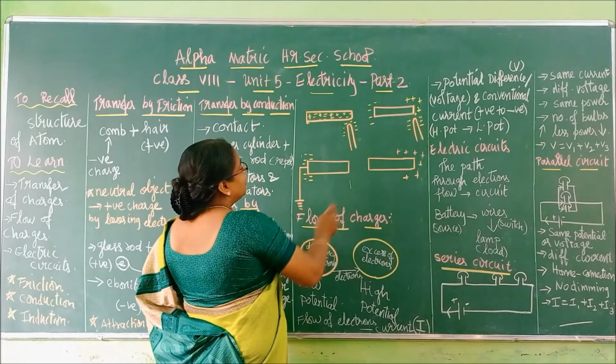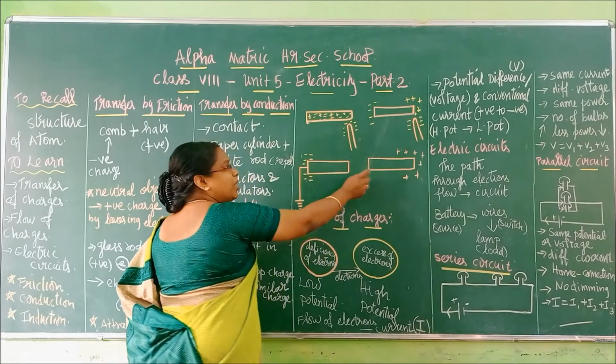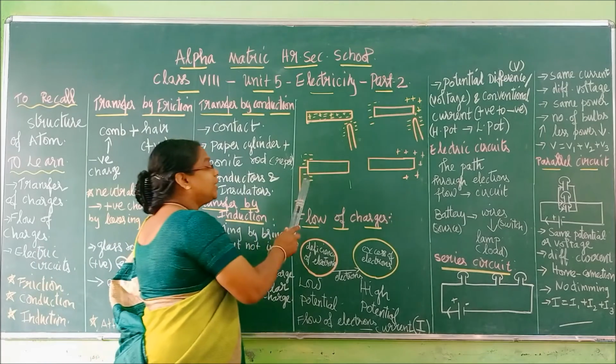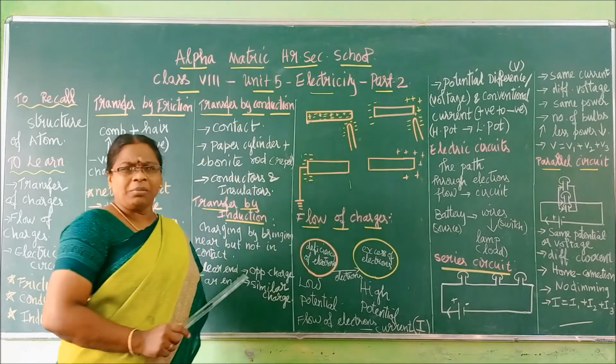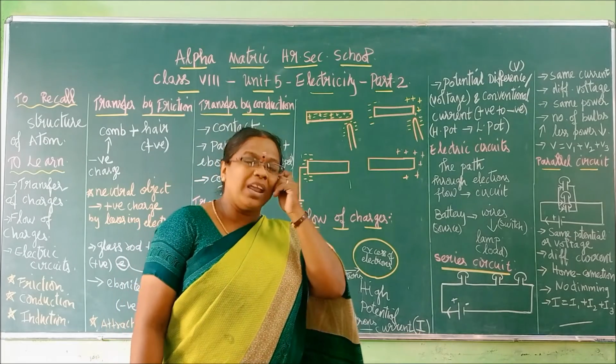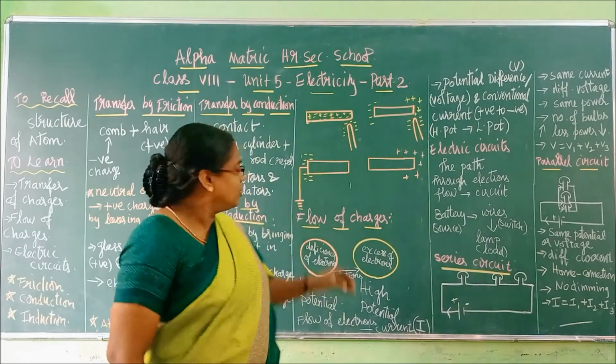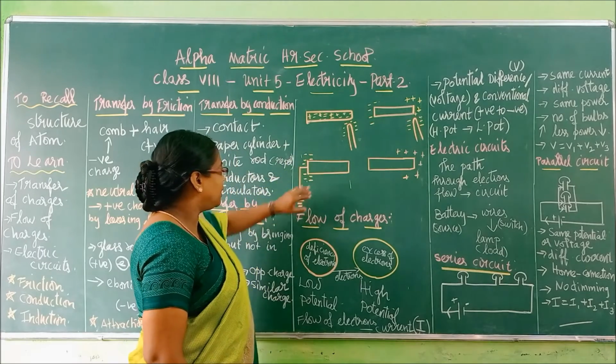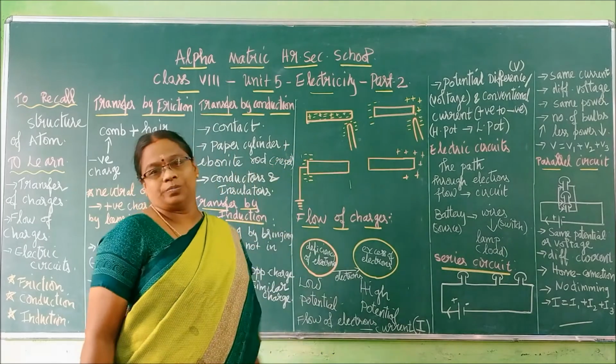Now these negative charges can be removed completely by earthing this plate. Earthing is what we do in a house. We will explain that later. When we earth this material, all these charges will go down.